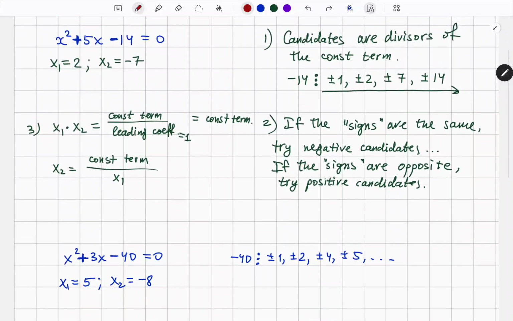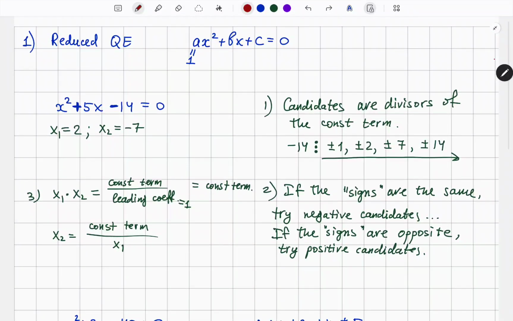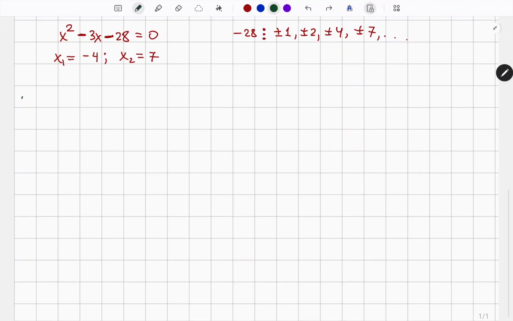Okay, so this was the first case of reduced quadratic equations, but as you probably have already noticed, the nastiest and the most difficult quadratic equations are those with the leading coefficient not equal to 1.